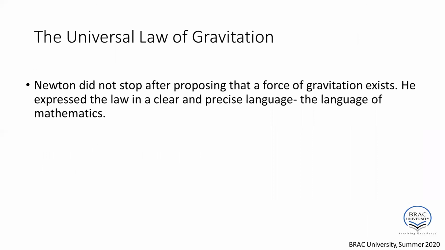The universal law of gravitation. Newton did not stop after proposing that a force of gravitation exists. He expressed the law in a clear and precise language, the language of mathematics.